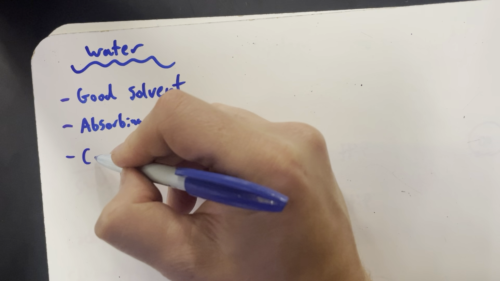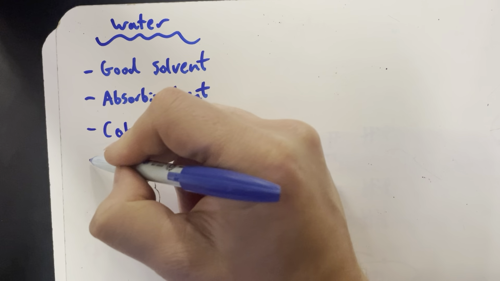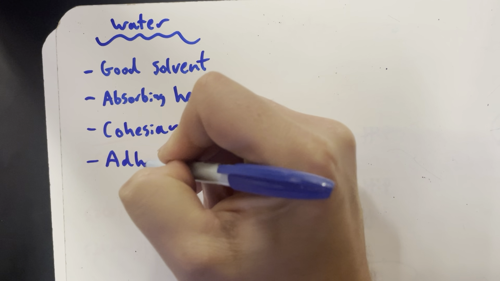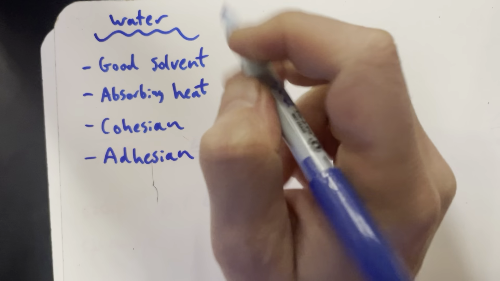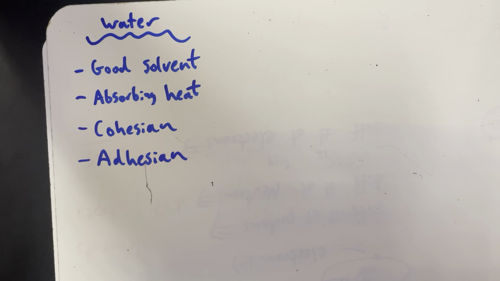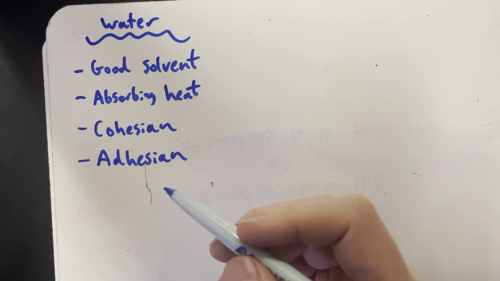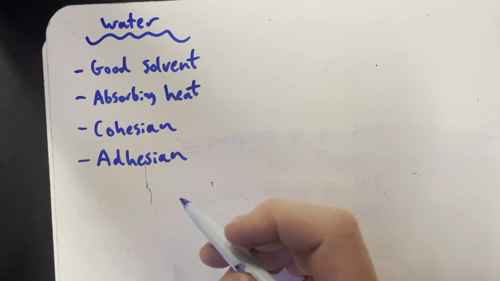Water also has really good cohesion and really good adhesion. Cohesion is the ability for water molecules to stick to themselves. Go ahead and add that definition if you don't know it. Adhesion is the ability for water molecules to stick to other stuff.